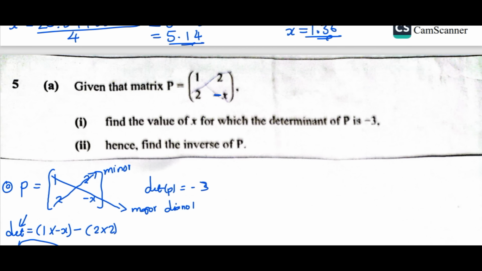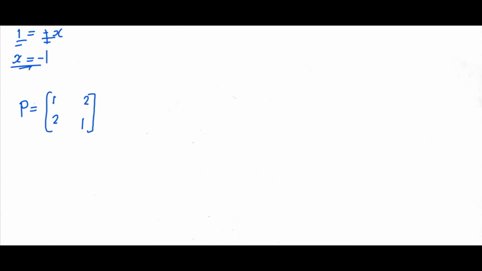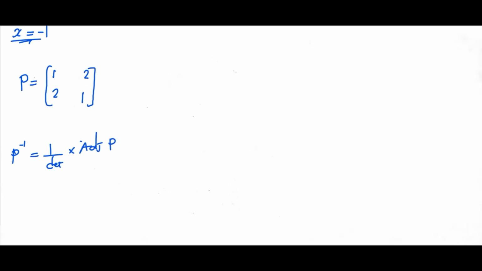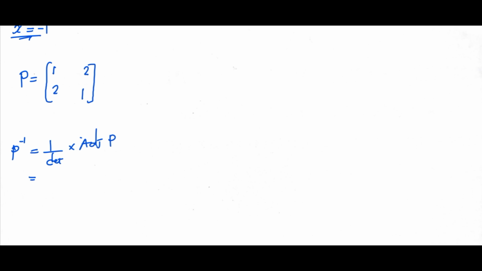Now for Roman number 2, find the inverse of P. The inverse is 1 over the determinant multiplied by the adjoint of matrix P. The determinant is negative 3. So let's find the adjoint.